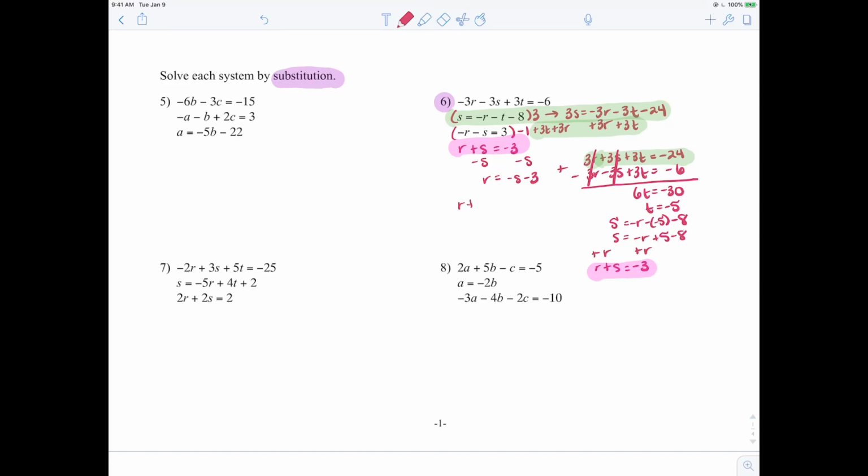We've got r plus s equals negative 3, and I've got r plus s equals negative 3. And for things to cancel out, I wouldn't add them, I would subtract them. Oh, which means I would add my original equation. So r plus s equals negative 3, negative r minus s equals positive 3.